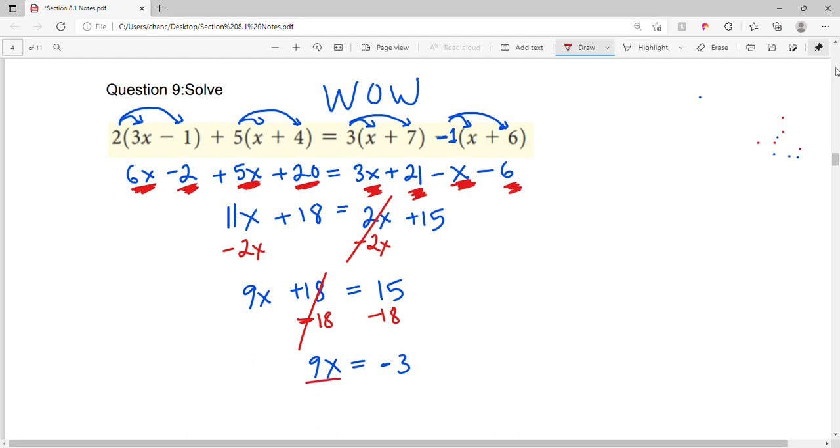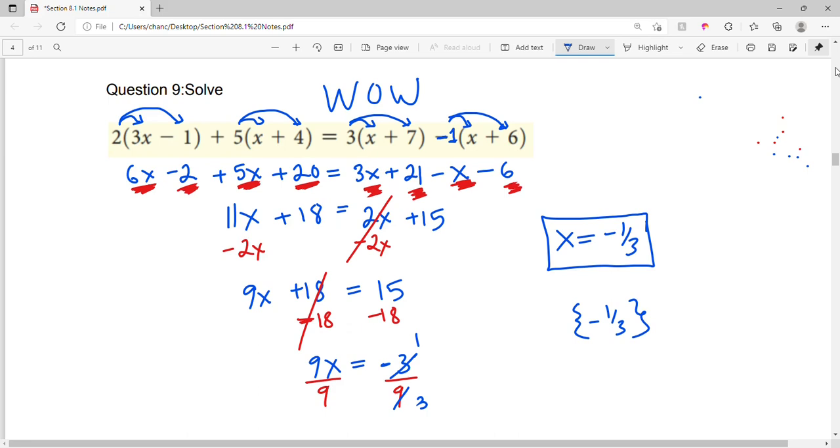I can finally divide both sides by 9 and write my final solution. x is equal to negative 3 divided by 9. Well, that reduces. 3 divided by 3 is 1, and 9 divided by 3 is 3. So negative 3 over 9 reduces to negative 1/3. Our solution is negative 1/3.